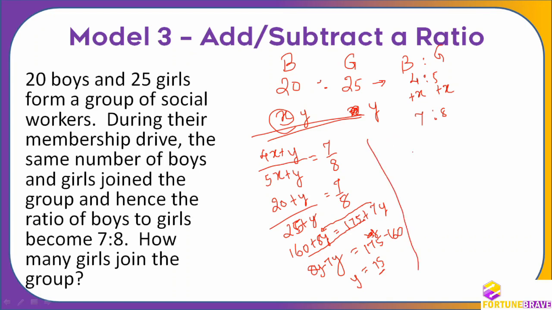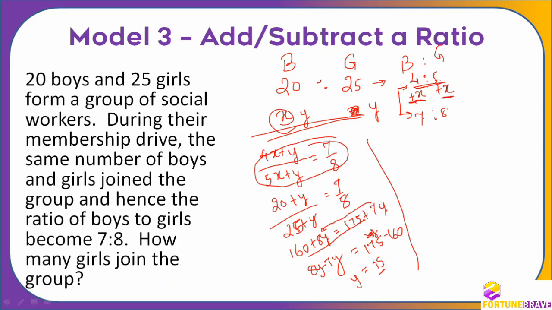This is a little bit long, pardon me, but here I can understand from the previous one that the same number is being added. Once I convert this into ratio, the traditional method was not necessary. You can understand, 4 becomes 7 and 5 becomes 8.